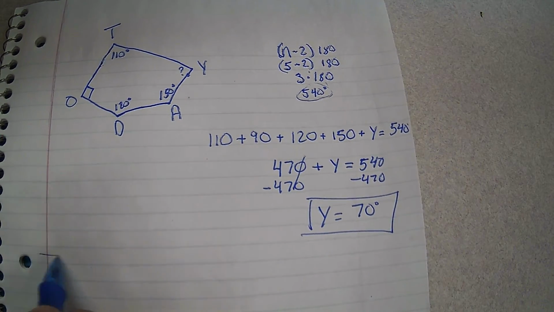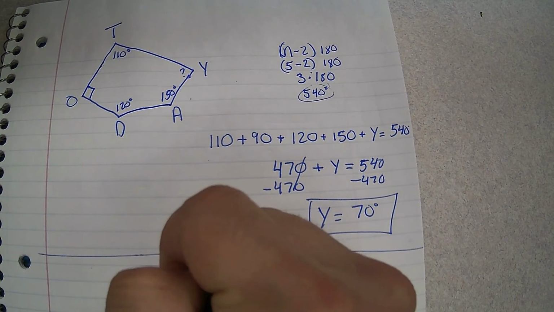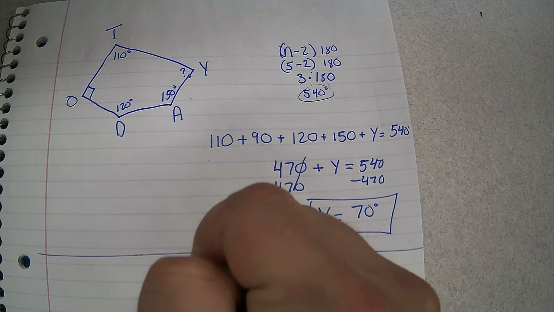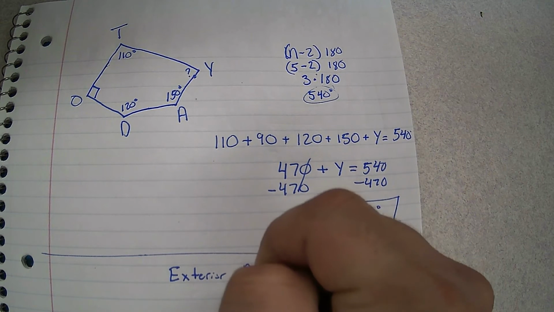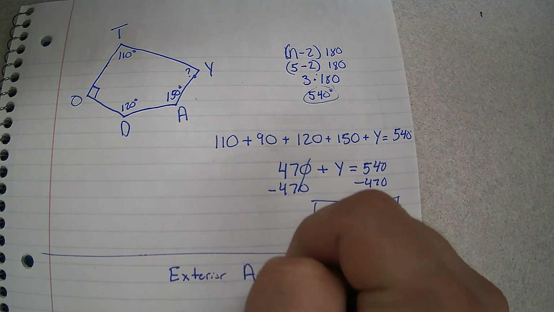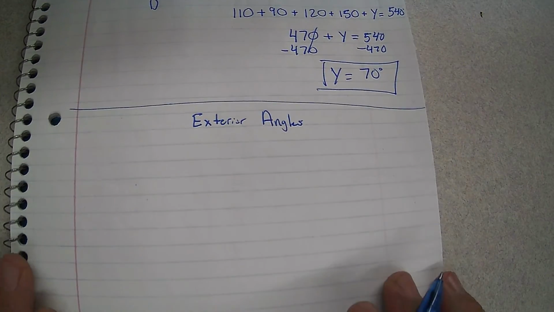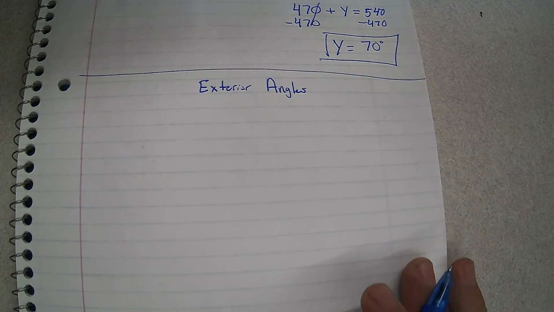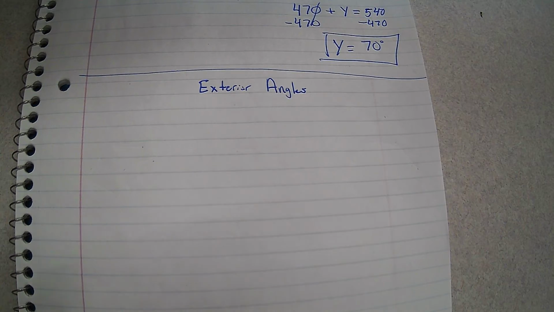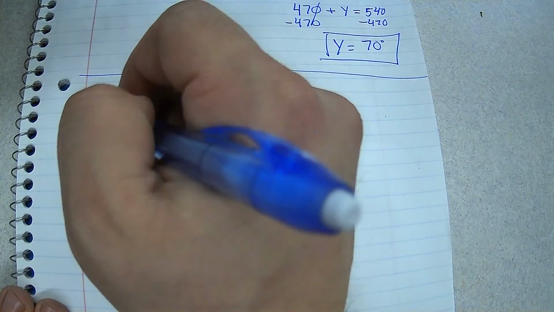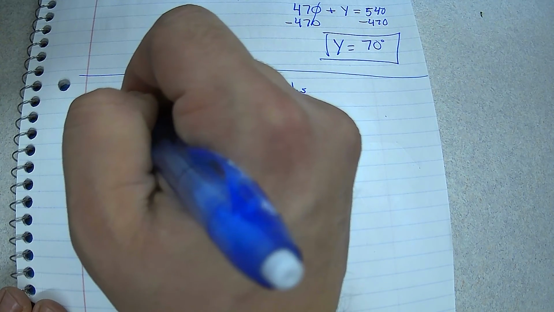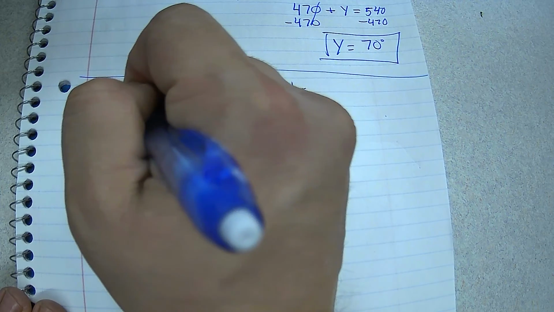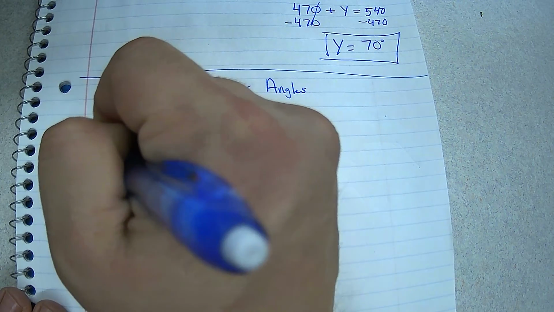Now we're going to talk about exterior angles. Exterior angles are angles on the outside. So let's say I have a shape. We'll start with a triangle.